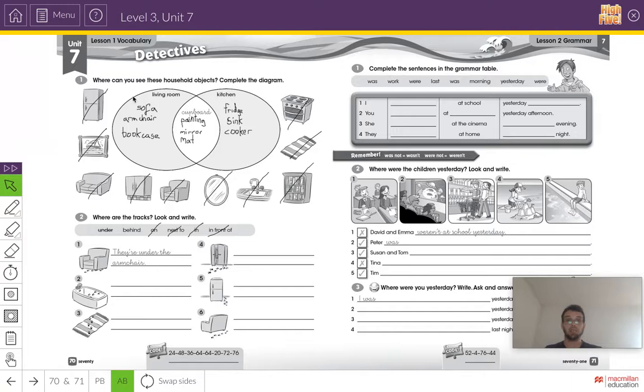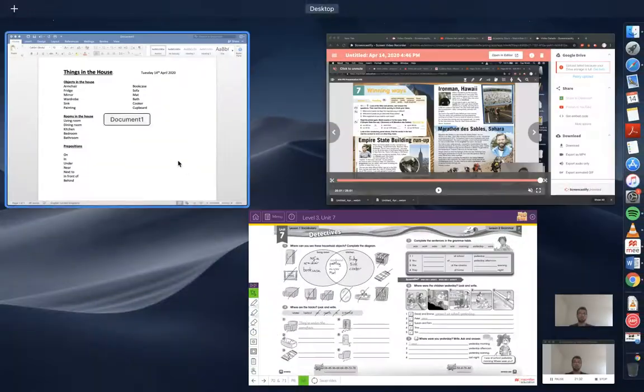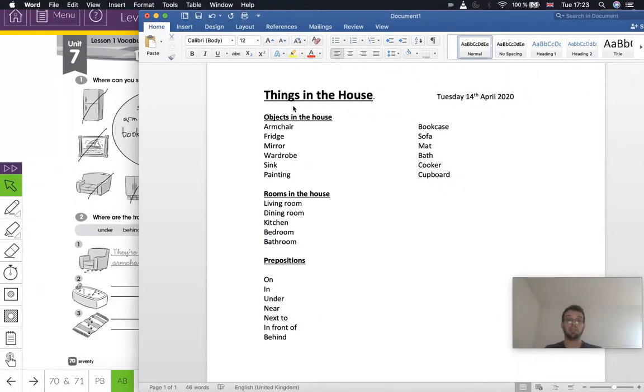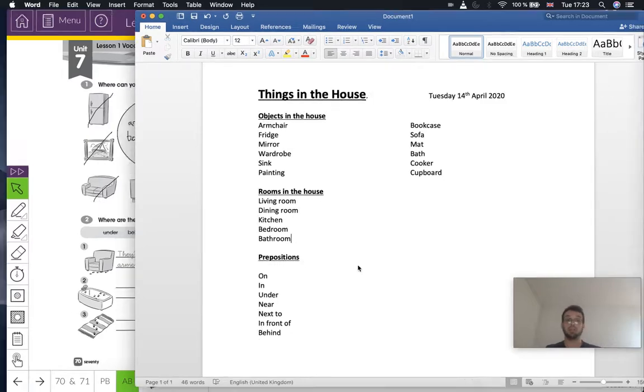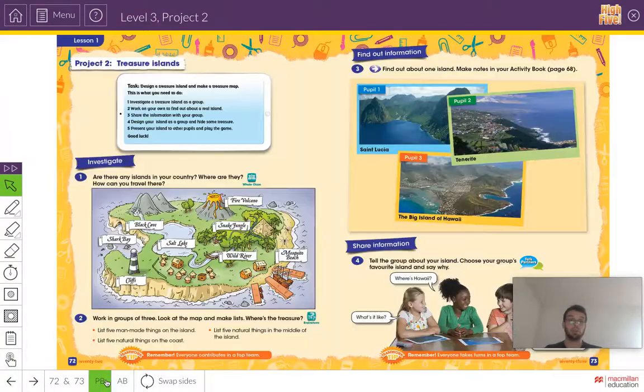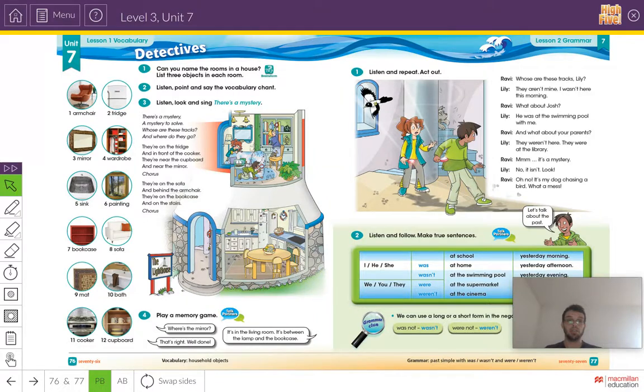Okay, so you should have exercise 1 finished and exercise 2 finished as well. Okay, and then also in your notebook, you have the objects in the house, the rooms in the house, and prepositions. And then in your pupils book, you have all of this finished.